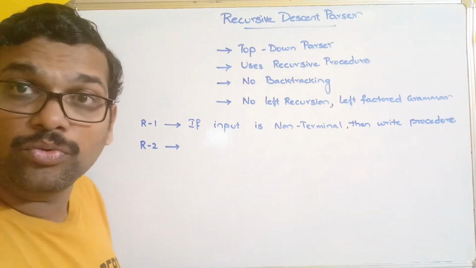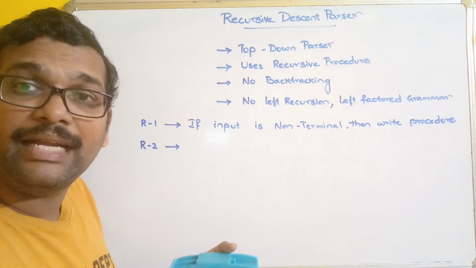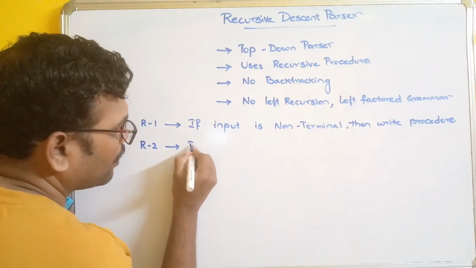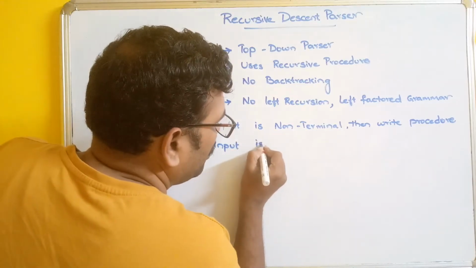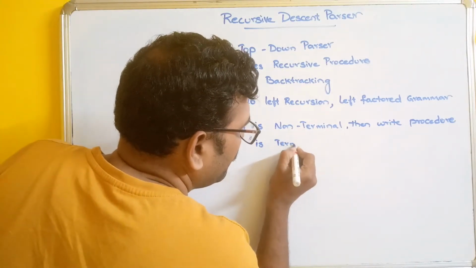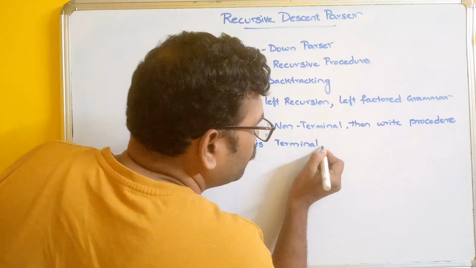Rule 2. If the input is a terminal, what do we have to do?